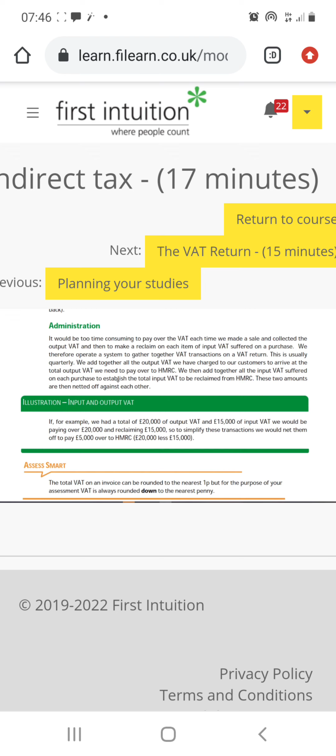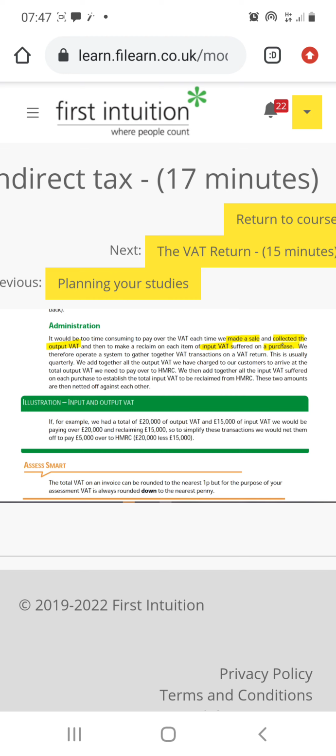What happens is things get grouped together. So every time they make a sale and they collect some VAT from us on the item that we've just purchased, they keep a record of that. They then keep a record of all the items that they've purchased, all the VAT that they have paid on things throughout the period, and then they gather everything together.